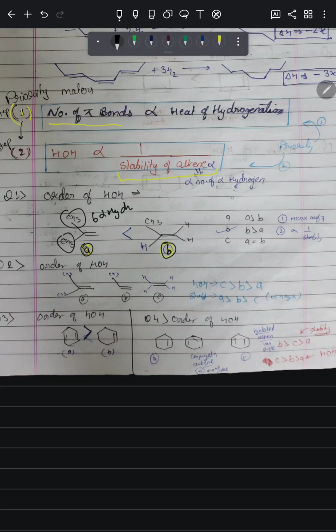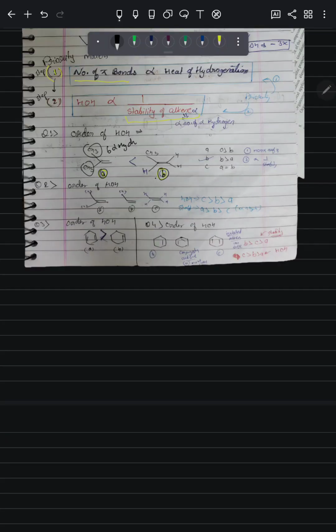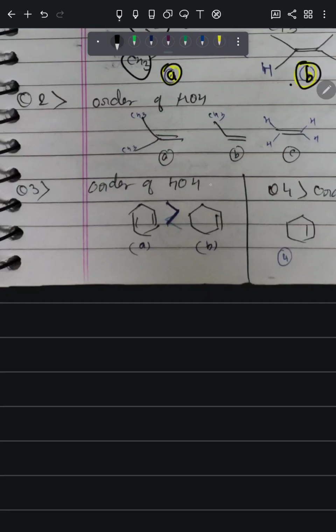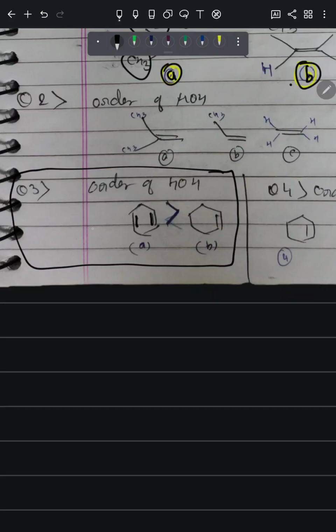And we know that the number of alpha hydrogens is more here, so it is most likely to be more stable as compared to this. So in this question, for the order of heat of hydrogenation, in molecule A the number of pi bonds is 2 and here 1. So the heat of hydrogenation is more in A as compared to B.